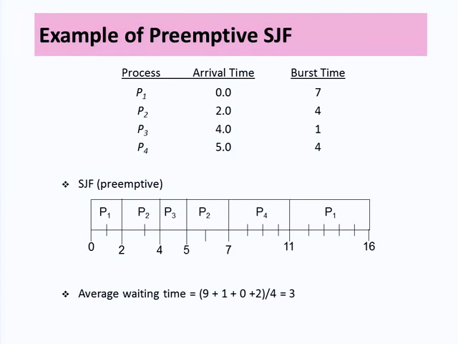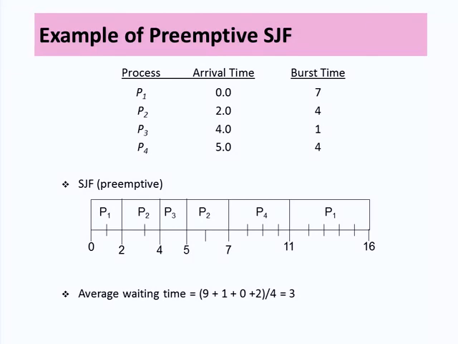Now, what about the response time of P1? The very first waiting time. The time it arrived at the queue, t equals 0, immediately got service. So the response time is 0. However, the waiting time is 9. Now let's look at P2.